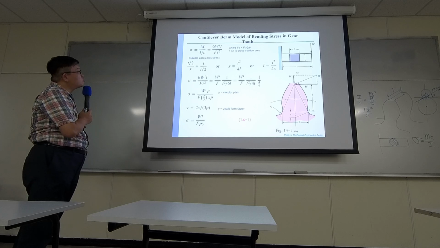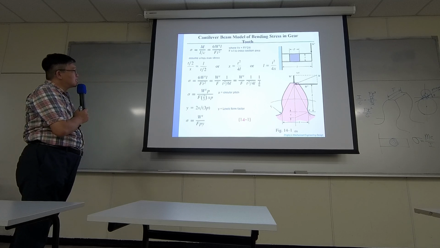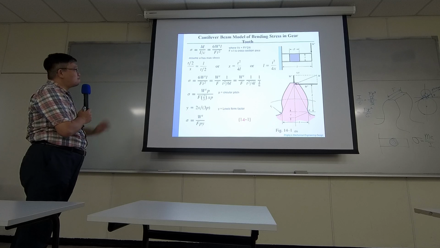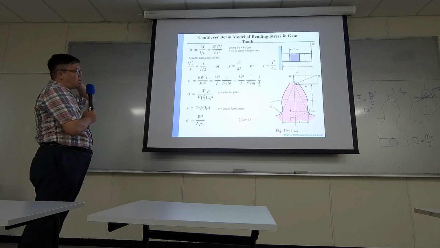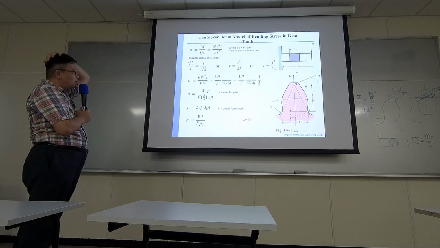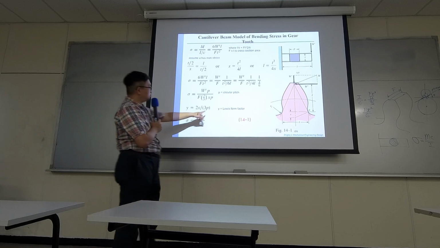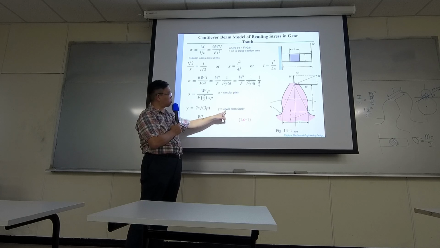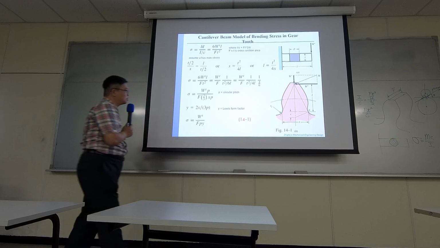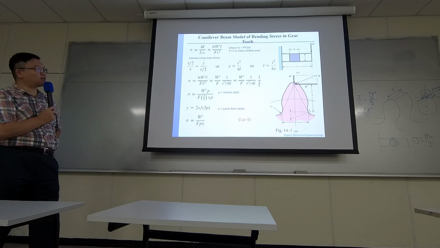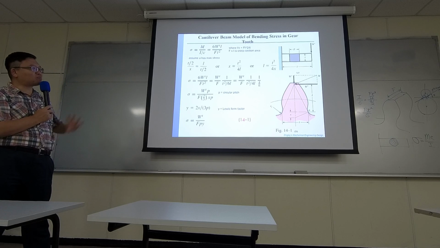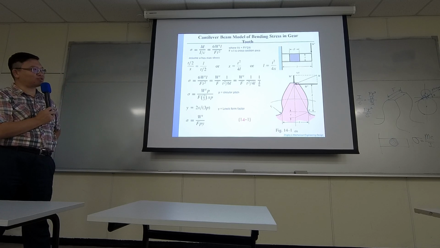Okay? And to convert this equation into a more general form, this person Lewis defines the so-called Lewis form factor. It's a factor that provides some kind of dimensionless geometry.